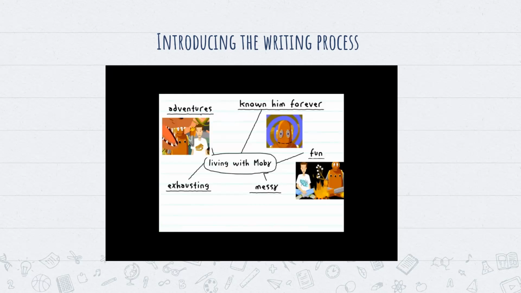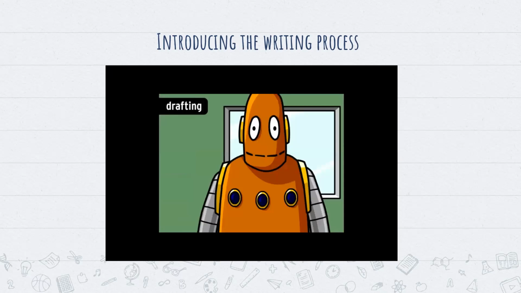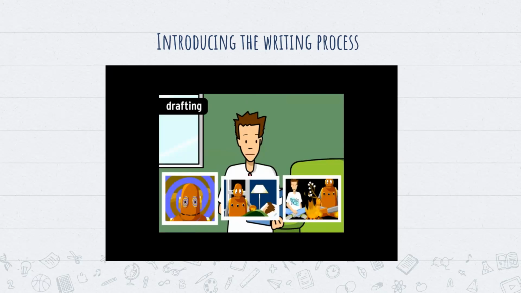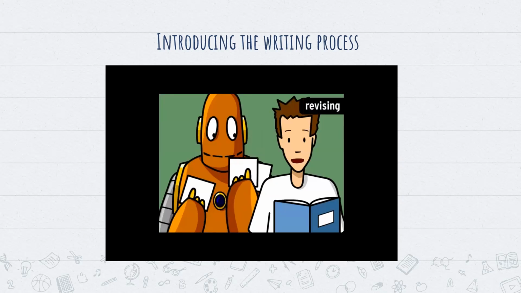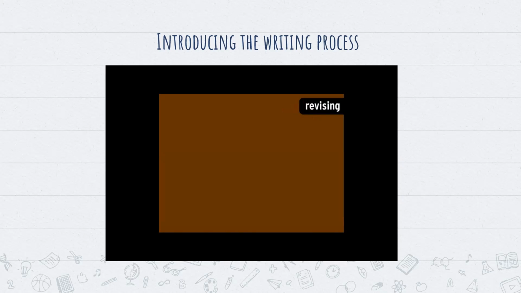Adventures, fun, known him forever, exhausting, and messy. Let's get started. On to the drafting stage. This is where you develop your notes into full sentences and start to write a rough draft. Okay, how's this for an intro paragraph? Me and Moby have known each other for as long as I can remember. He's my friend, even though he drives me nuts sometimes. I guess it's fair to say we act a lot like brothers, having fun and getting on each other's nerves sometimes. Now, we don't have to use all of our ideas here, just the ones that get our main ideas across. What we're doing now is called revising, taking the draft and moving things around, changing words to make the writing more interesting. It's a good idea to read your writing out loud and to get feedback from friends and family.